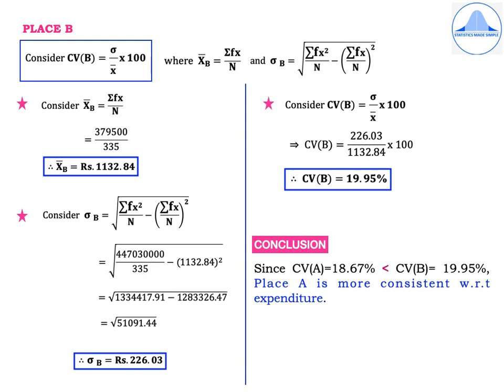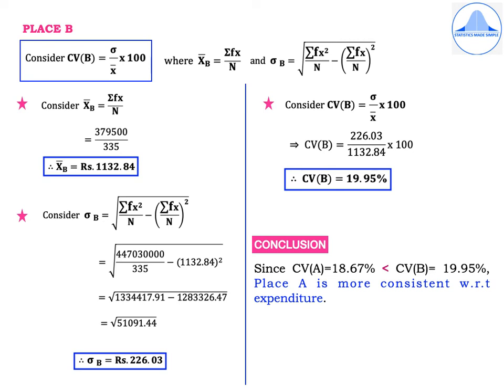Similarly, for place B, write CV of B, which is sigma by x bar into 100, and x bar B is summation fx by capital N, and sigma B is root of summation fx square by capital N minus summation fx by n the whole square.